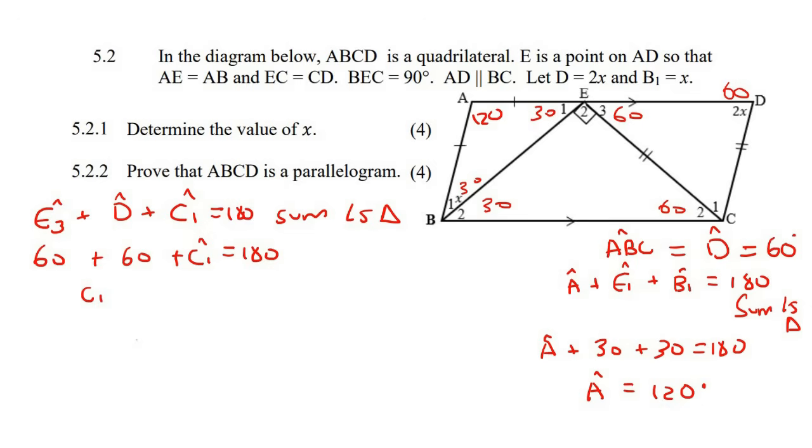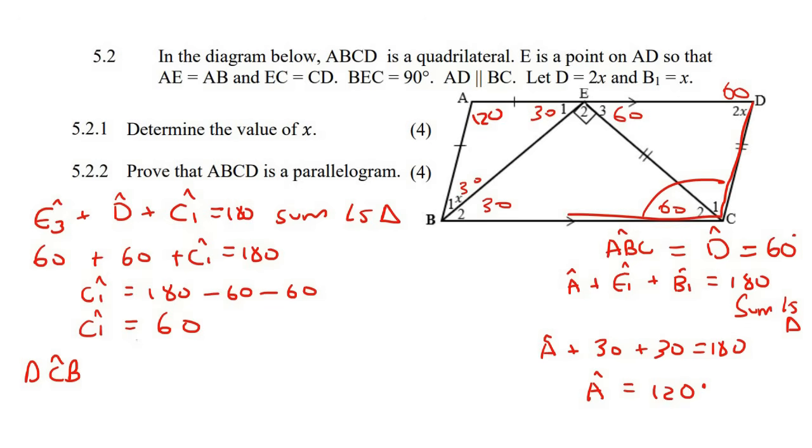And if you had to work out angle C1, you would end up with 180 minus 60 minus 60, and angle C1 would be 60. So if you then look at this whole angle, let's just call it DCB, angle DCB would then be 120 degrees.